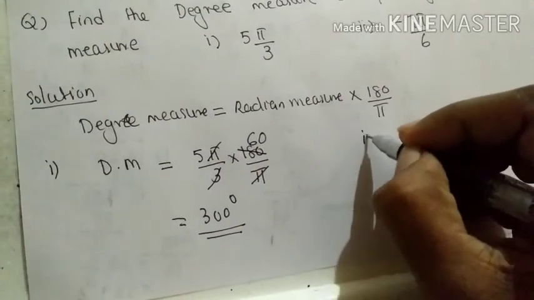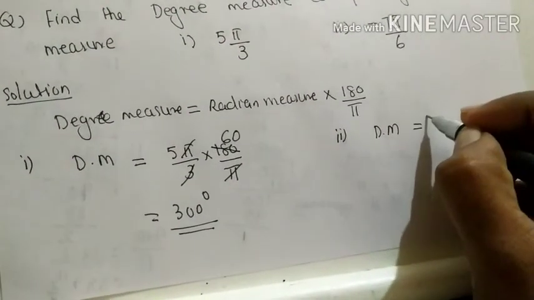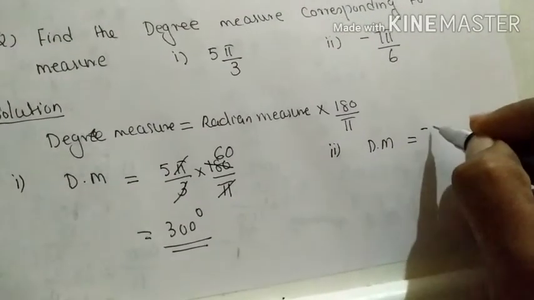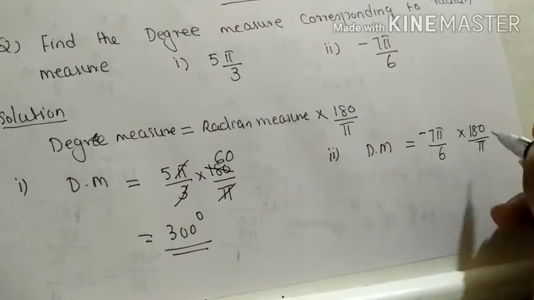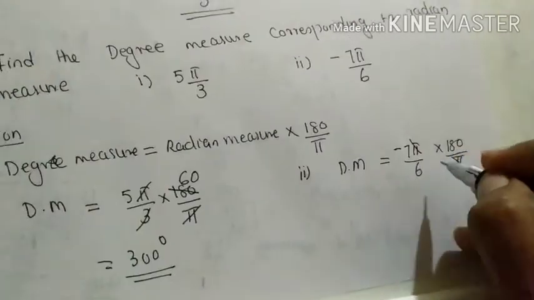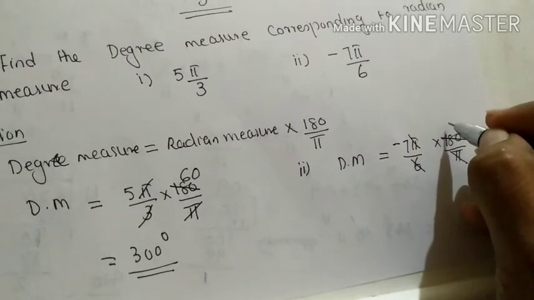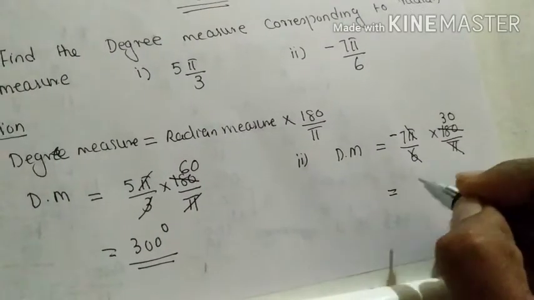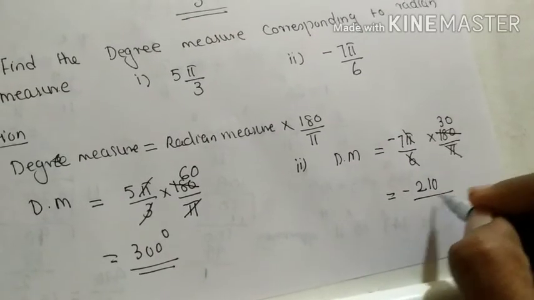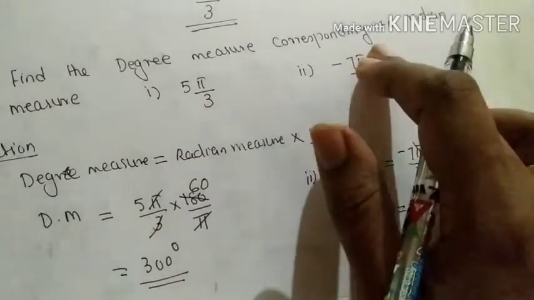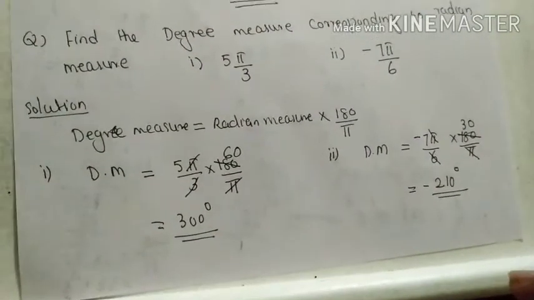Okay, moving to second question, the degree measure is equal to radian measure that is given, minus 7 pi by 6 into 180 by pi, cancelling these 2 pi and this 6 is cancelling and we get a numerator as 30, and we get minus 7 into 30 means 210 degree. So minus 7 pi by 6 radian is equivalent to minus 210 degree. Okay.